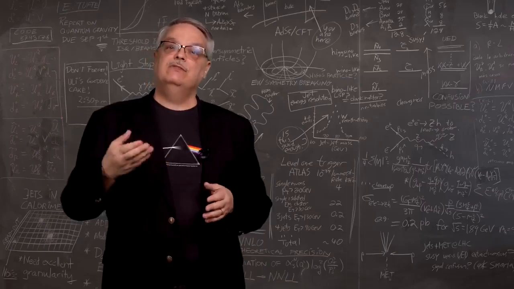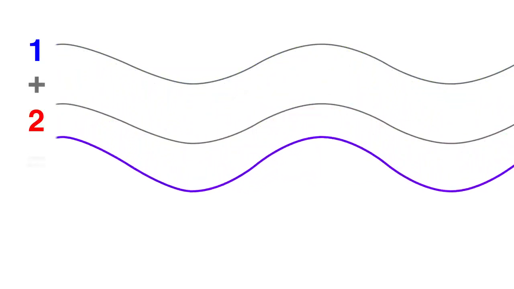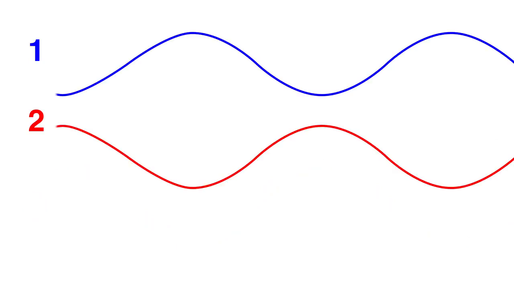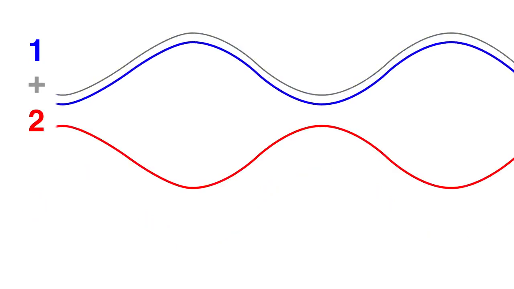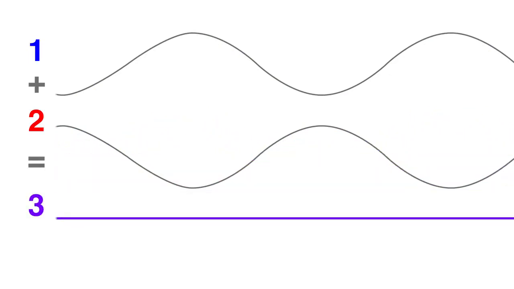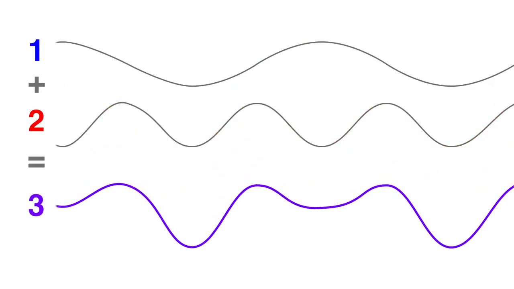And adding them is easy. You just take the height of the two waves and add them together. If the two waves are lined up so the peaks are at the same place, the result is a single wave with a higher peak. If the wave is lined up so a peak corresponds to a trough, then the two waves cancel. And if one wave has a different wavelength than the other, you end up with a funny looking shape.